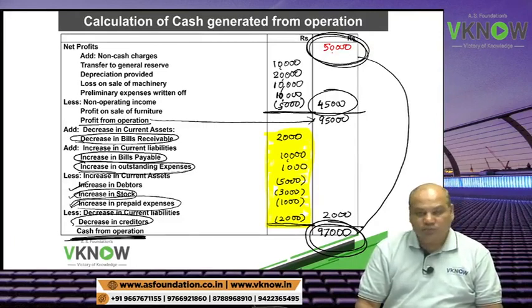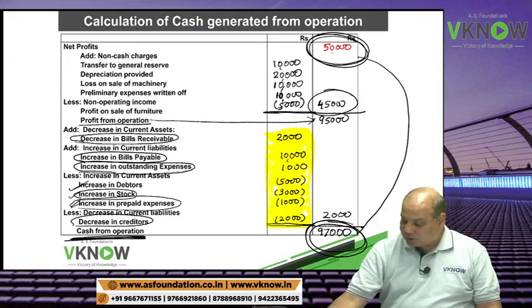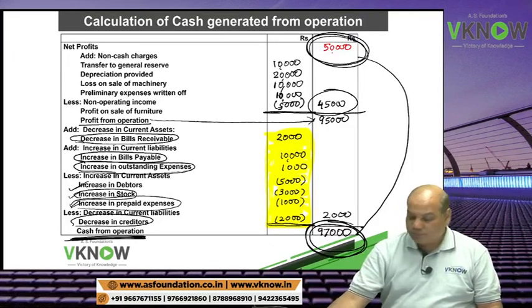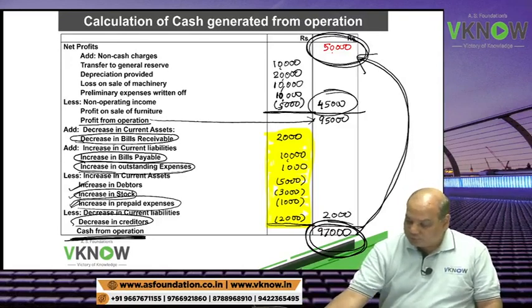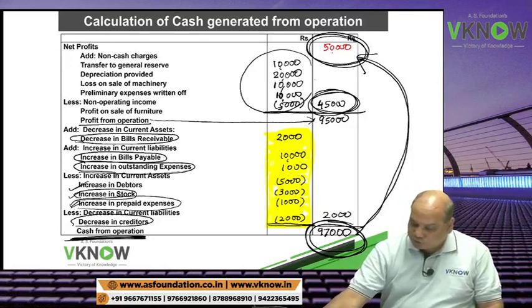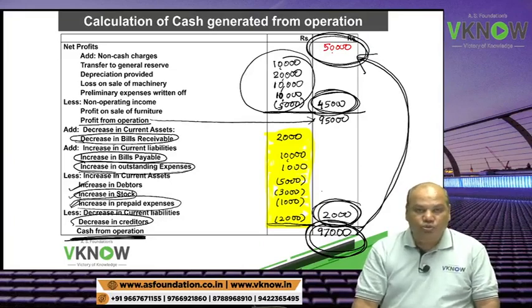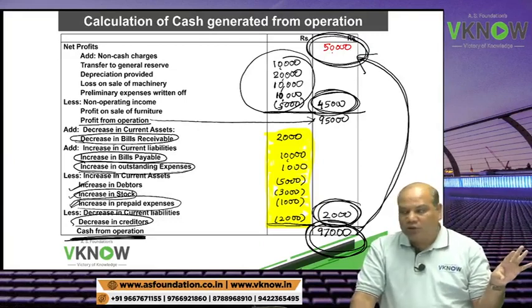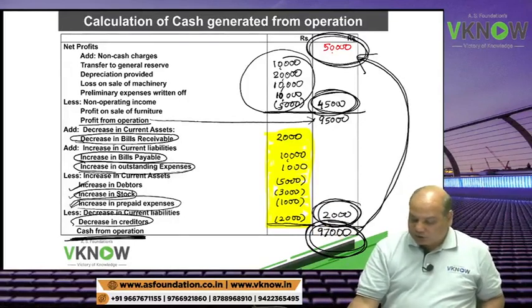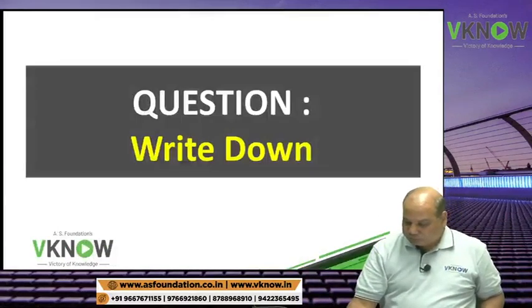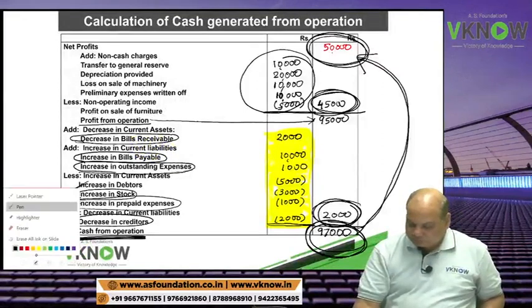Hence, you can see the cash flow from operation is more than profit. 45,000 is due to non-cash items and 2000 rupees is due to working capital changes. So this way we are able to understand why there is a difference between profit figure and the cash flow figure.